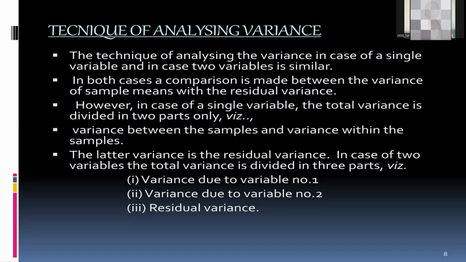However, in the case of a single variable, the total variance is divided into two parts only: the variance between the samples and the variance within the samples. The latter variance is the residual variance. In the case of two variables, the total variance is divided into three parts, that is, variance due to variable number 1, variance due to variable number 2, and the residual variance.